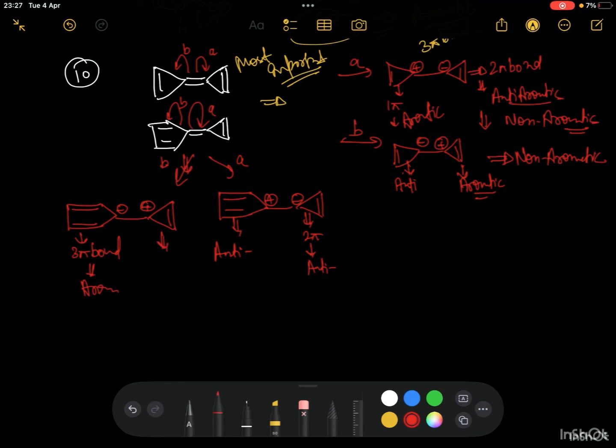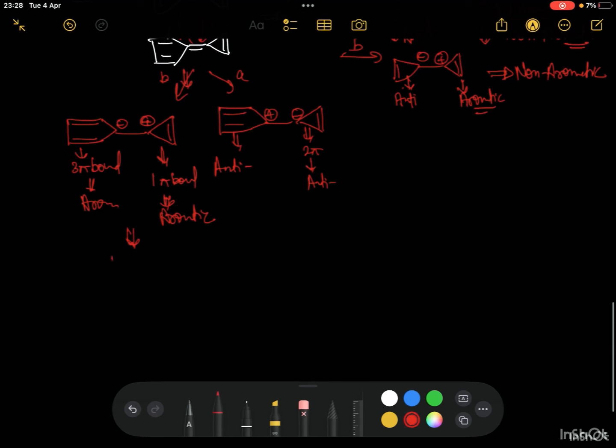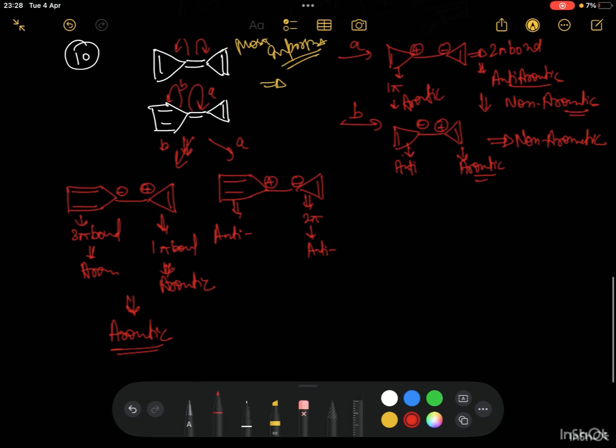And here 1 pi bond, that means aromatic. If both rings are aromatic, then the whole compound will become aromatic. So now you can say if both rings become aromatic by moving the bond, then this compound is aromatic.